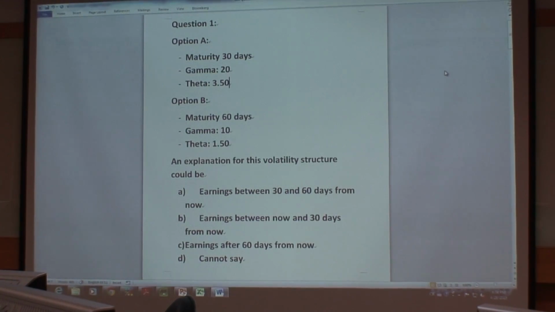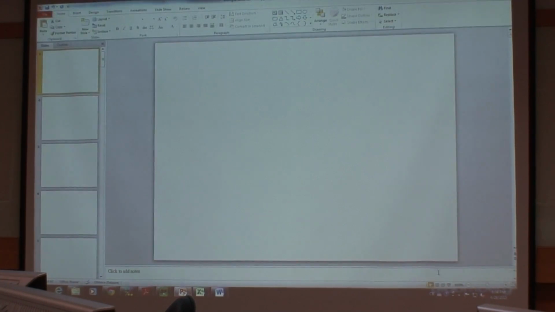But of course, the maturity is not the same. So if we in PowerPoint make something of a timeline, bear with me. Yeah.